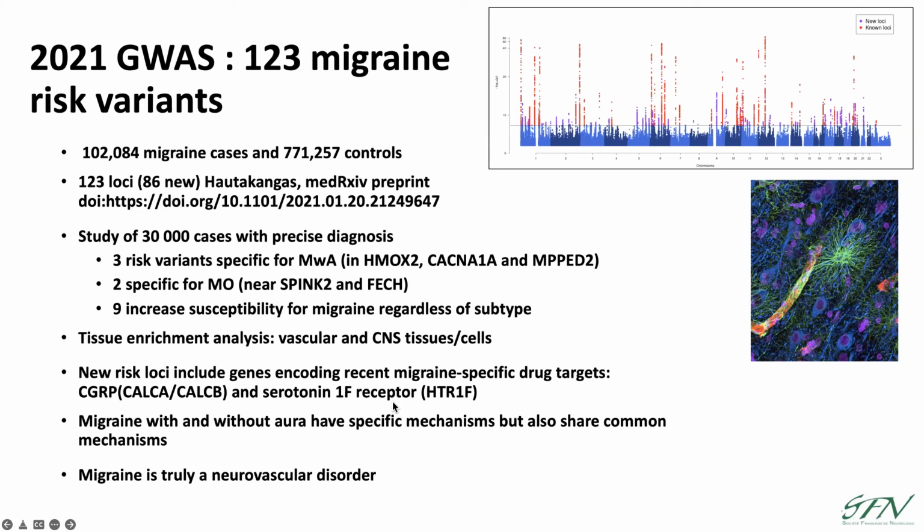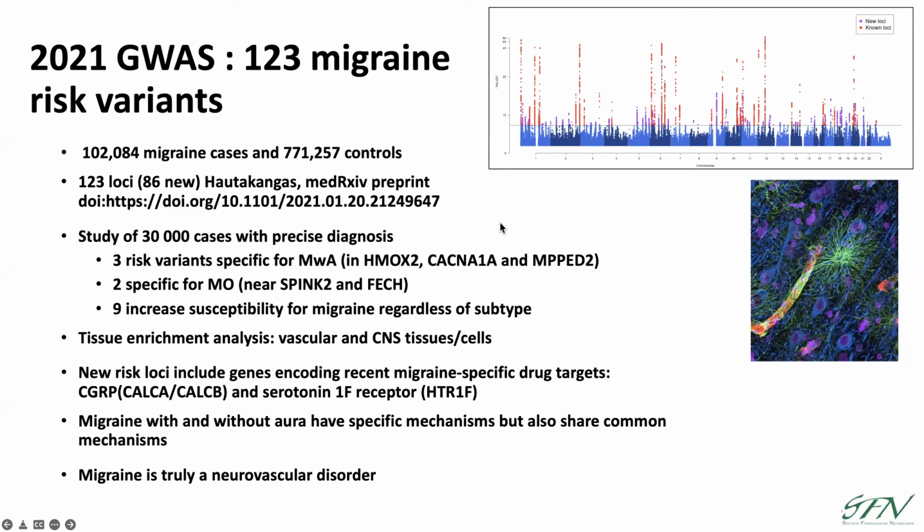And you see this study involved more than 100,000 migraine cases and more than 700,000 controls. And this permitted to identify 123 loci, including 86 new. And these loci cover all the genomes, all the chromosomes.